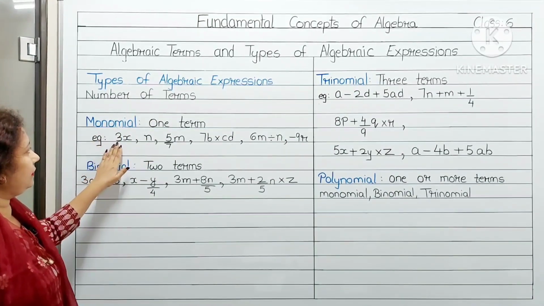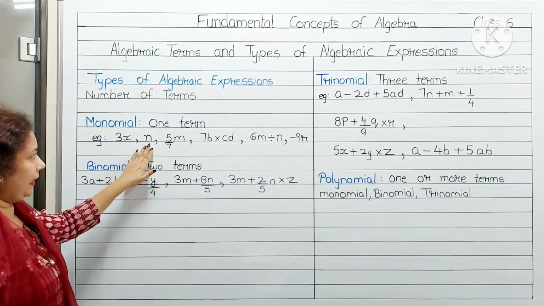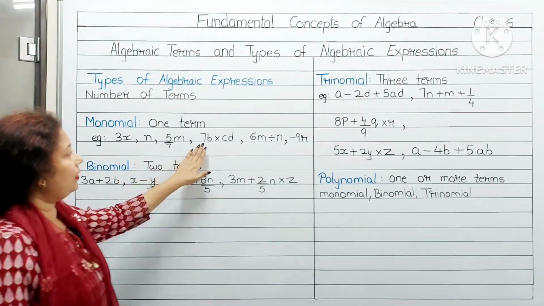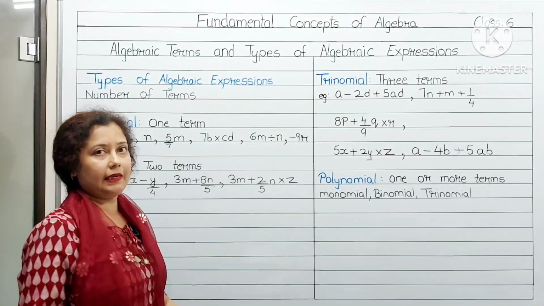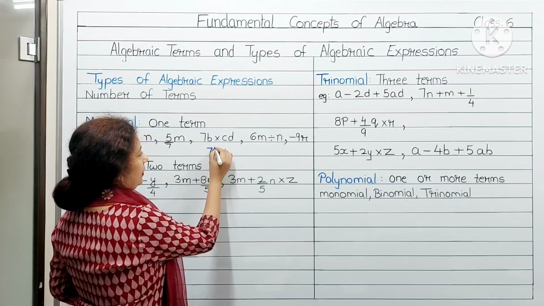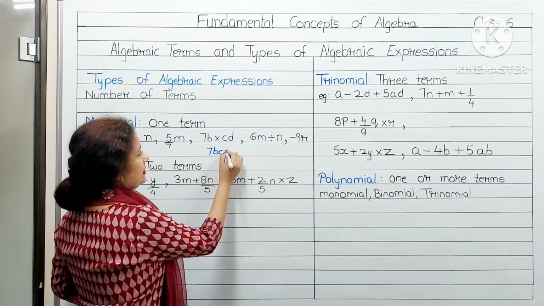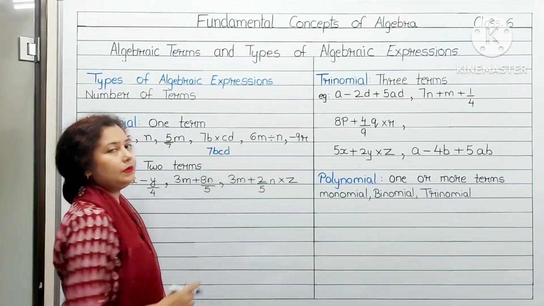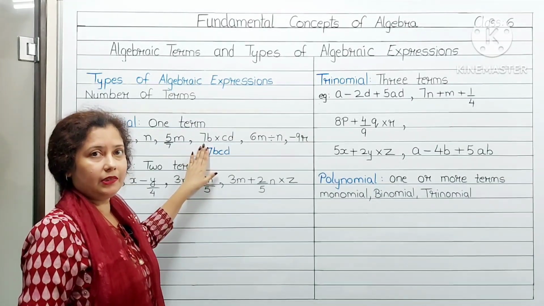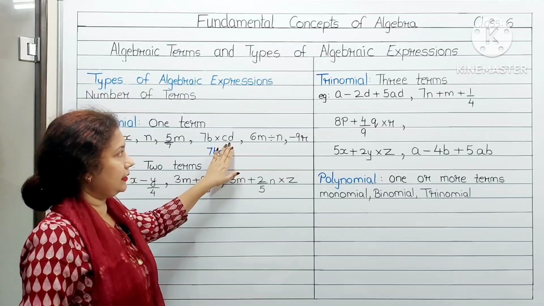For example, 3x, n or 5 upon 7n, or 7b into cd. If it is given 7b into cd, finally it will become 7bcd. So it becomes one term. I have already explained that when multiplication is there, it is considered a single term.